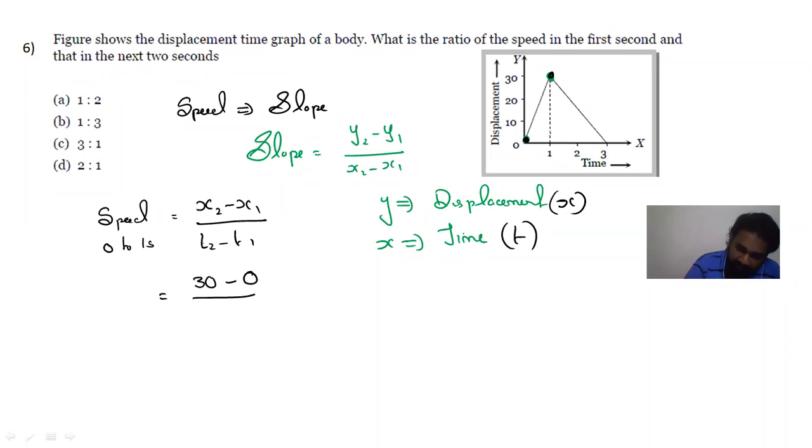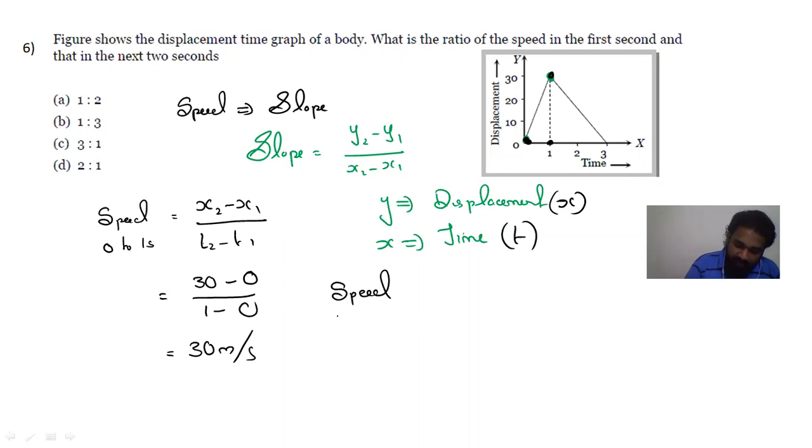Divided by the corresponding time, here it is 1 second minus here it is 0 second. So 30 meter per second is the speed between the time 0 and 1 second.